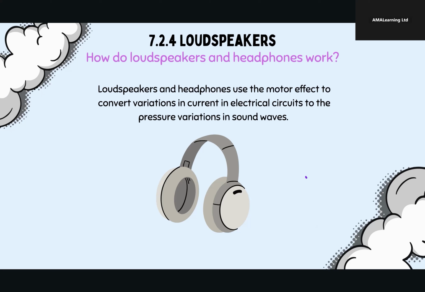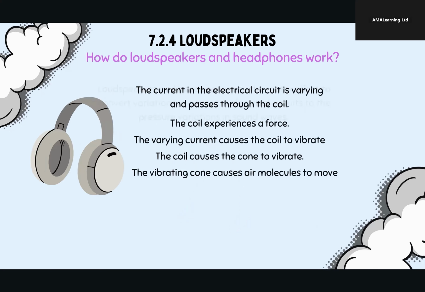Loudspeakers and headphones use the motor effect to convert variations in current in electrical circuits to the pressure variations in sound waves. What that means is the current in the electrical circuit is varying and passes through a coil.